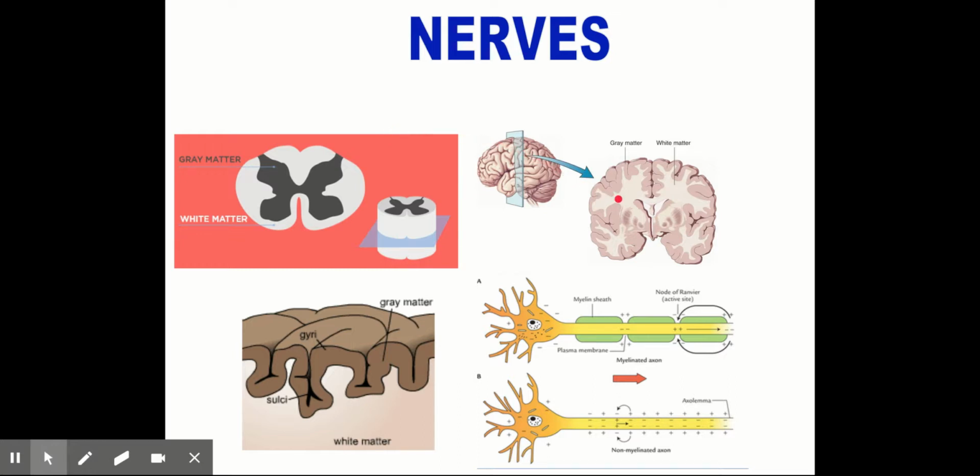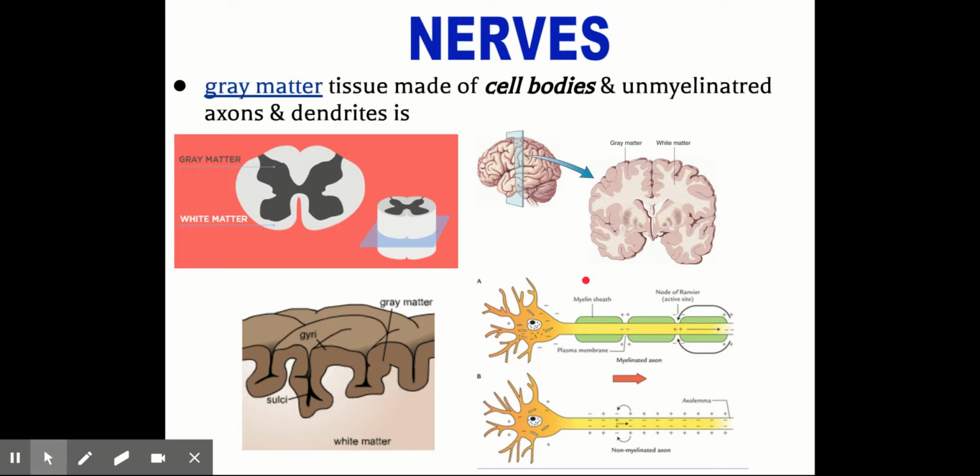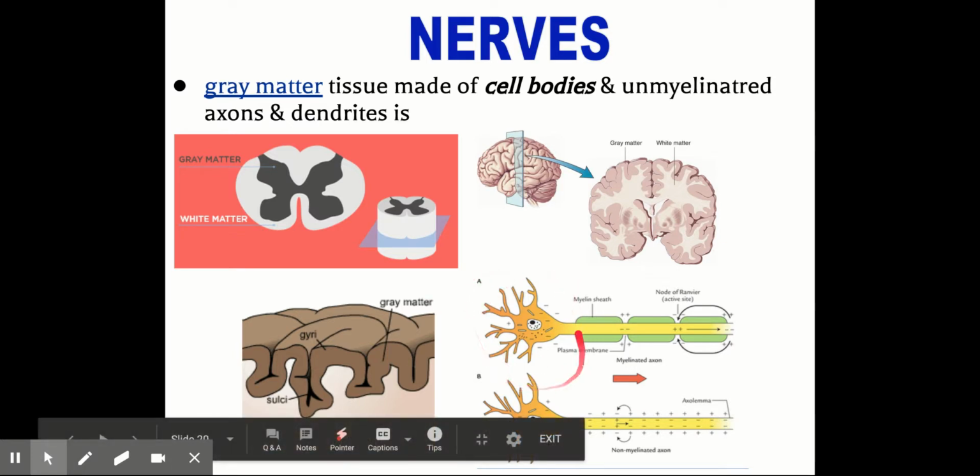And once again, we don't call them nerves. We're in the brain, we call them tracts. So we're talking about not the brain. We're talking about neurons that are exiting the spinal cord, not in the spinal cord, not in the brain. And they might have gray matter, which would be the unmyelinated part of a neuron, because there's no myelin here.